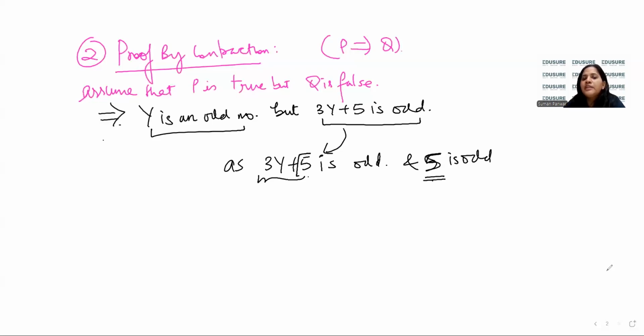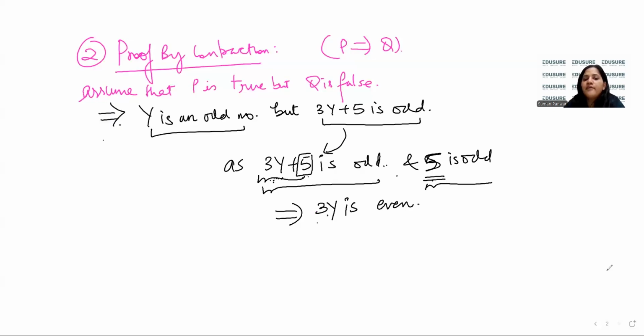Now, if 3y is even, then 5 plus 3y will be odd. If 3y is odd, then 3y plus 5 will be even. So as 3y plus 5 is odd and 5 is odd, this would imply that 3y is even. Because if 3y is even, then only 3y plus 5 will be odd.